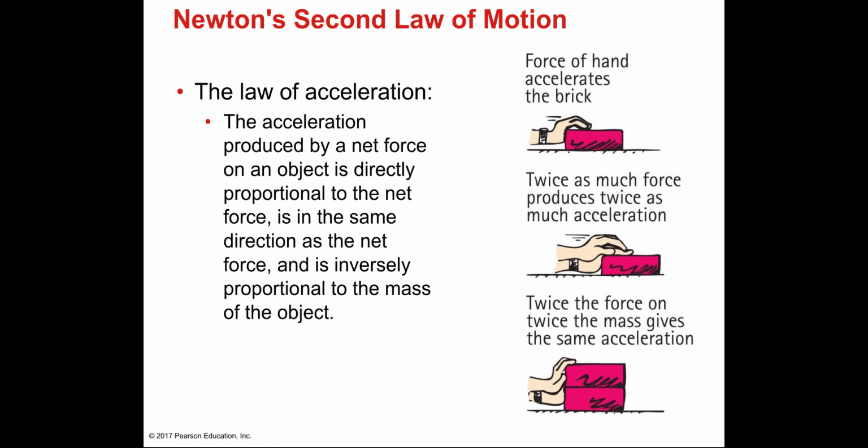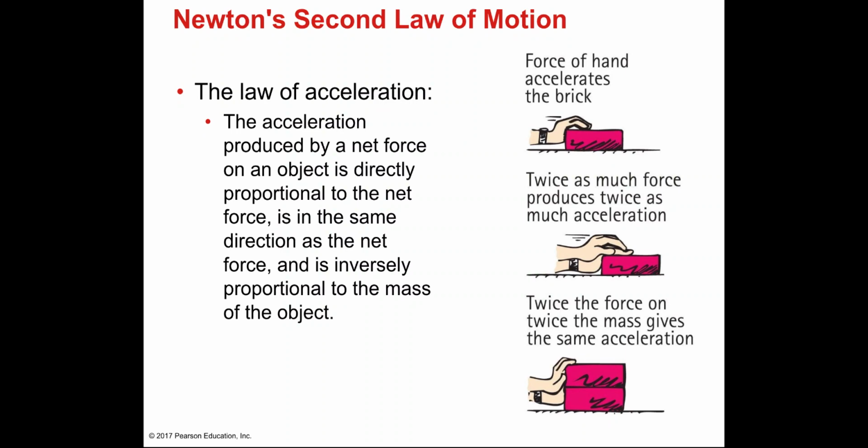And so the force is directly proportional to the acceleration, but it is inversely proportional to the mass. What is inverse proportionality? Inverse proportionality means that if one parameter is increasing, the other one needs to be decreasing. In this case, let's compare force and mass.